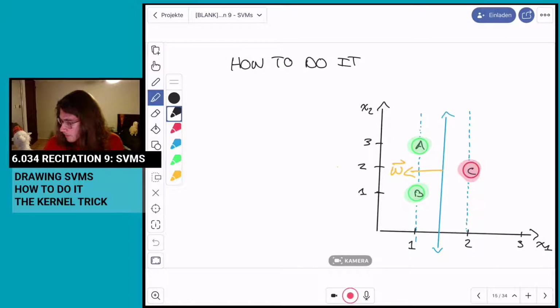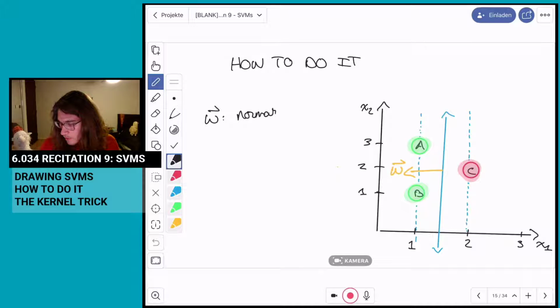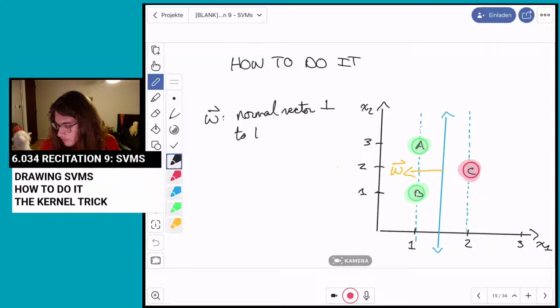Okay, so let's talk about precisely what they do. So they classify according to a given equation that I'll give you in the next slide. Actually, let me not get ahead of myself. So there's a decision boundary, and there is a normal vector to that decision boundary, and I've written it here in yellow. It's the normal vector W. It's, as I said, a vector perpendicular to the decision boundary.